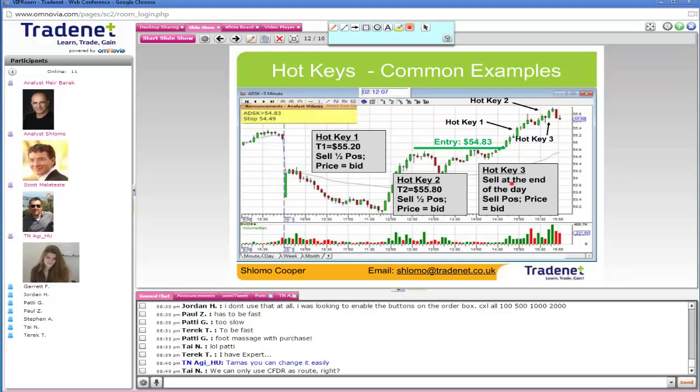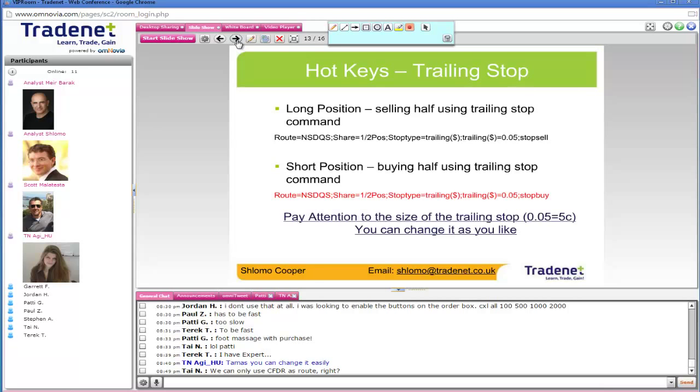Therefore, you are designing yourself another hotkey, which means sell at the end of the day, and that should be sell pos, sell all the amount of shares I'm holding in this position; price equals bid, or price can also equal ask, in order to be sure you are going to get an immediate execution.